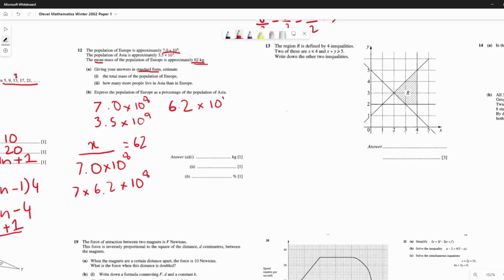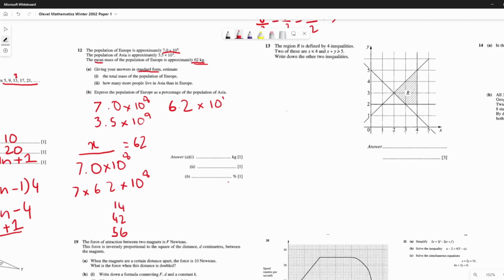This is just 7 into 62, so 7 2s are 14, and 6 7s are actually 35, 42, 42, right? Yeah, 42, because 7 7s are 49. So 42, we add these together. 4 plus 2 is 6, and 1 plus 4 is 5.